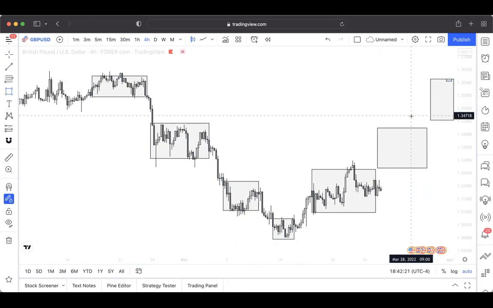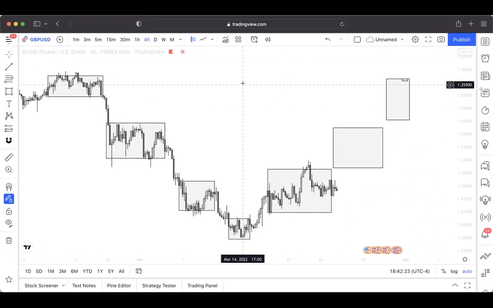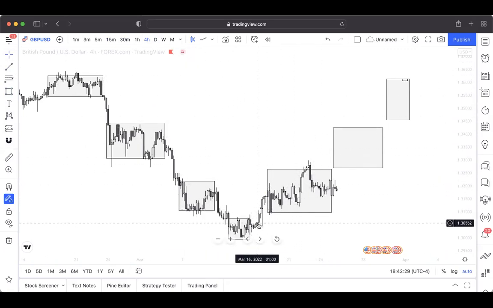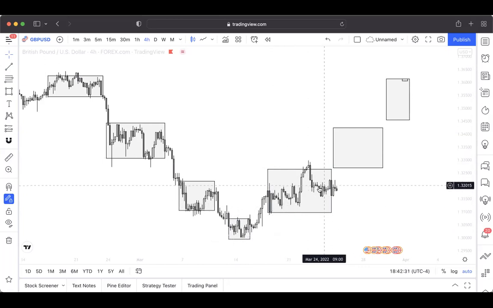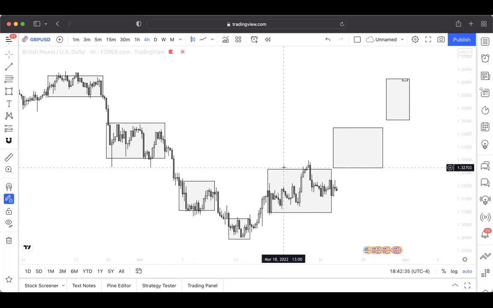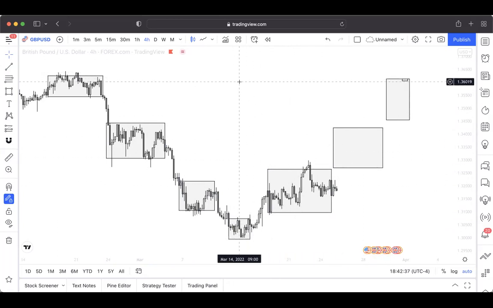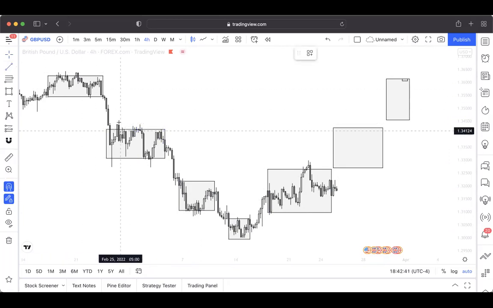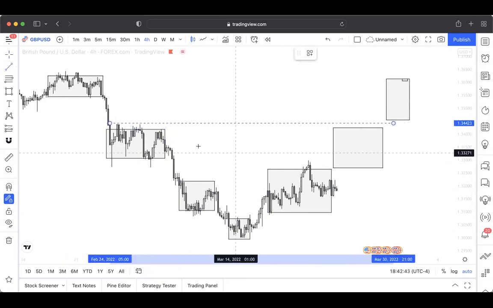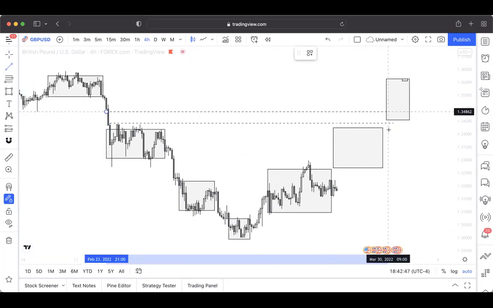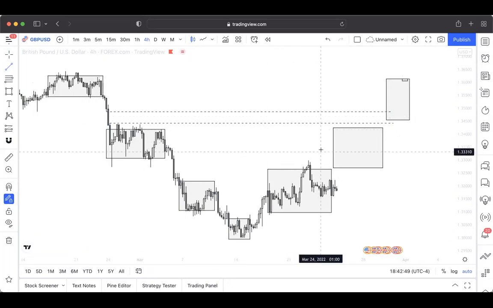So that's also possible. You would ask yourself, if we have this market maker model, why would it make sense for this to push higher? One reason is that we are in the model, and if we are in the model, why would this model work? Because we also have a fair value gap here. It's also pulling the price as a magnet.